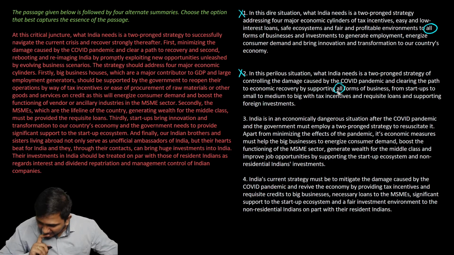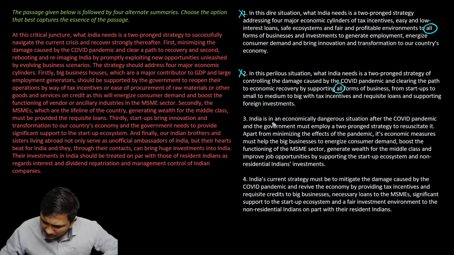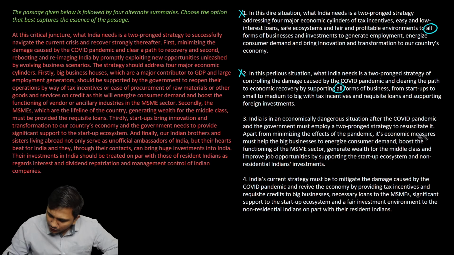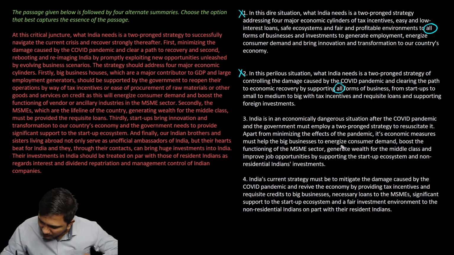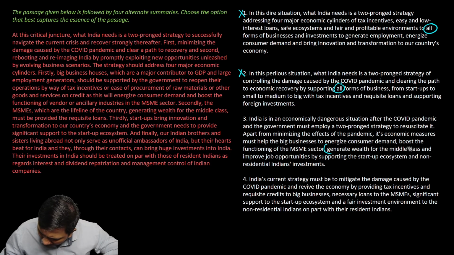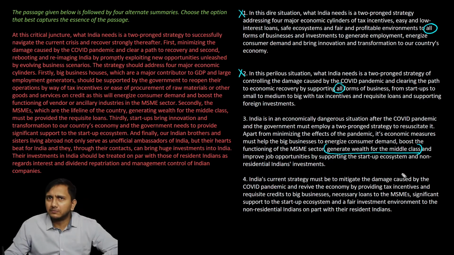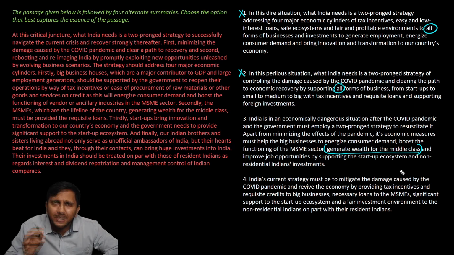Okay, next. India is in an economically dangerous situation after the COVID pandemic, and the government must employ a two-pronged strategy to resuscitate it. Apart from minimizing the effects of the pandemic, its economic measures must help the big businesses to energize consumer demand, boost the functioning of the MSME sector, generate wealth for middle class. Generating wealth for middle class by itself is not an agenda.